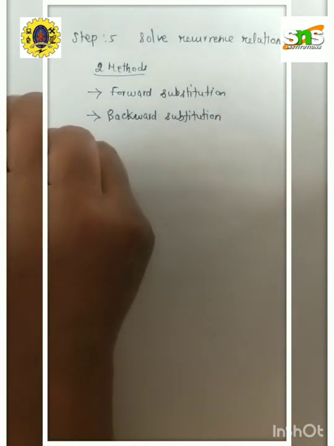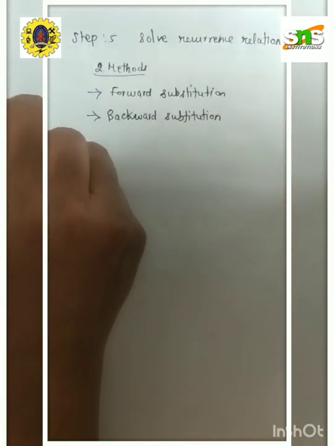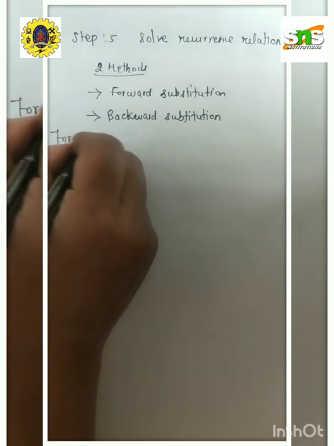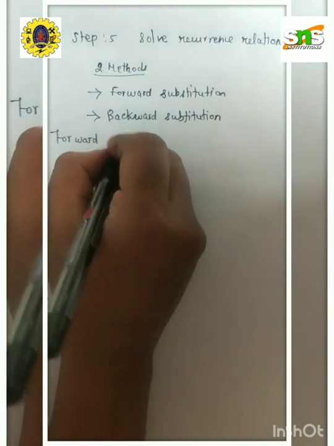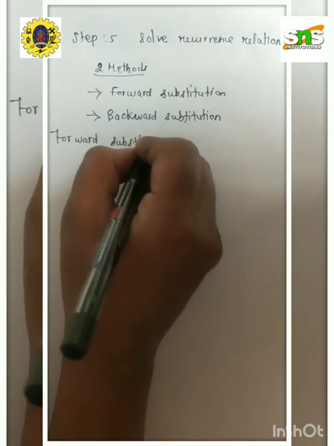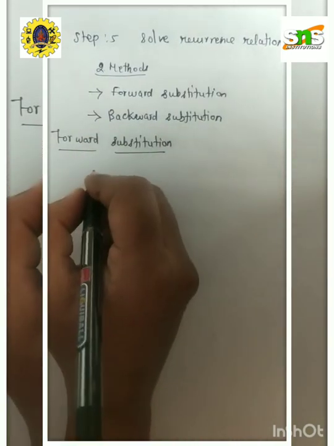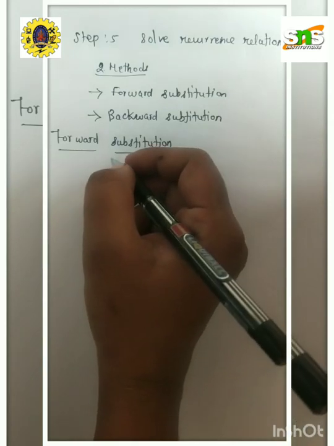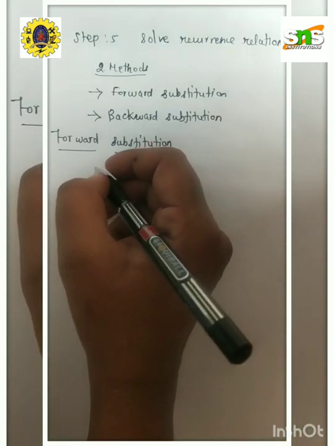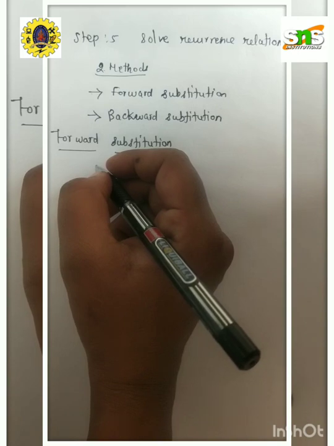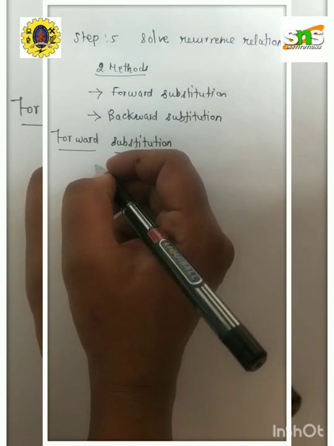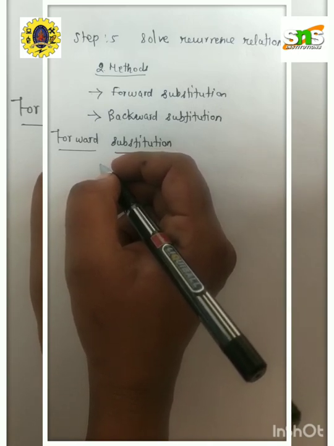Okay. So first I am going to apply forward substitution. What is meant by forward substitution? If I ask you to tell the numbers from 1 to 10, how do you tell in a forward manner: 1 2 3 4 5.